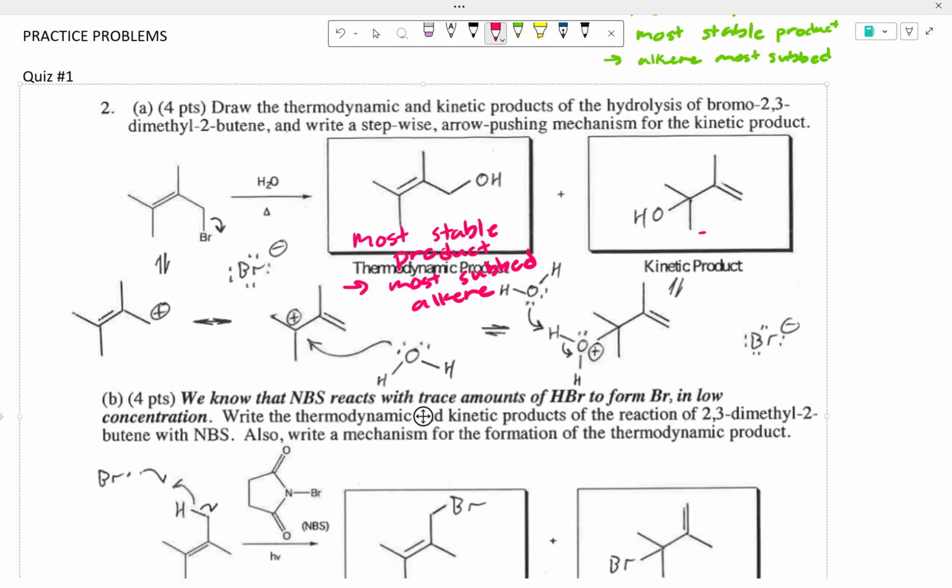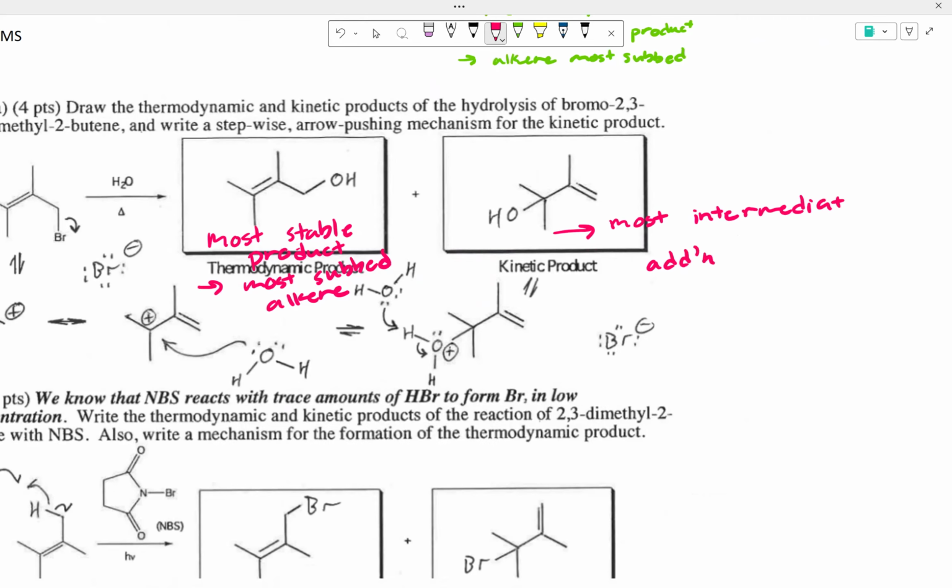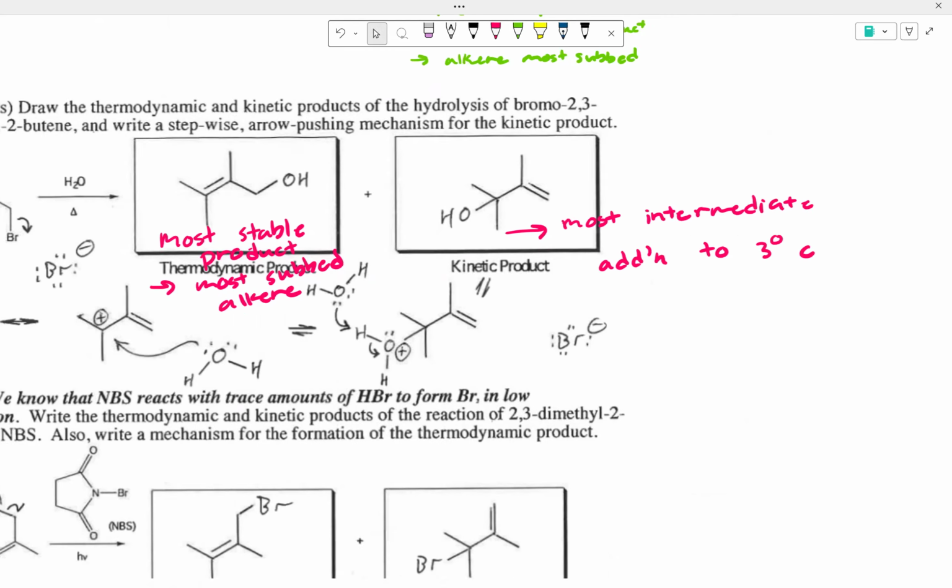So this one is the kinetic product because we see the most stable intermediate. We observe addition to the tertiary carbocation.